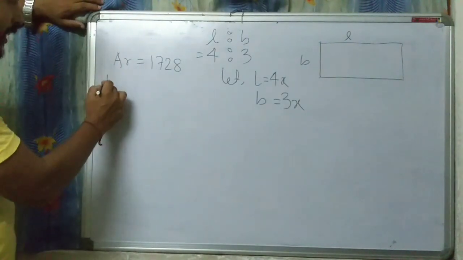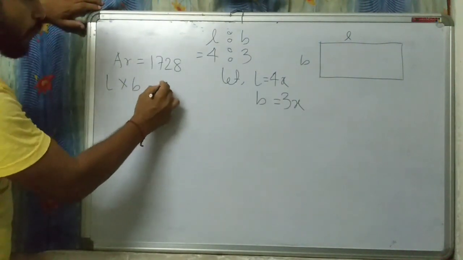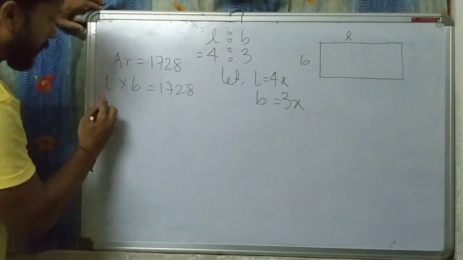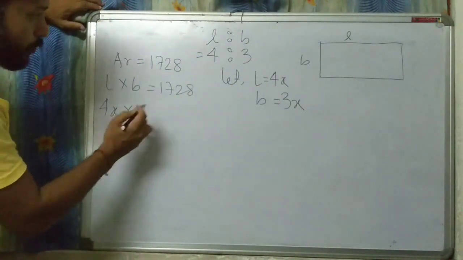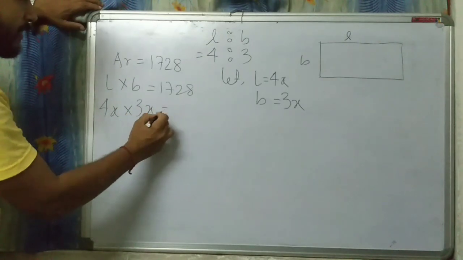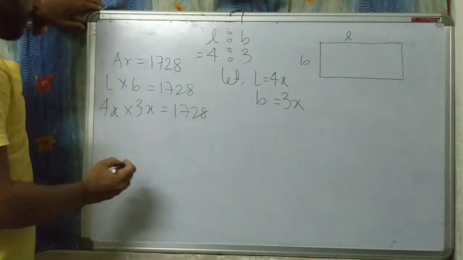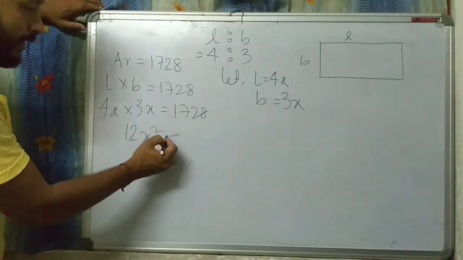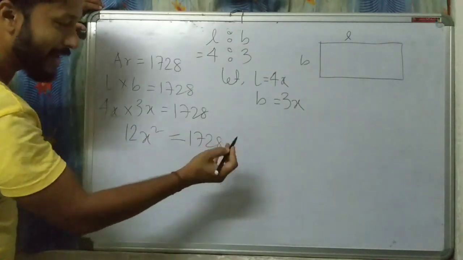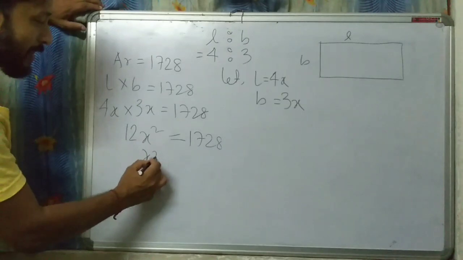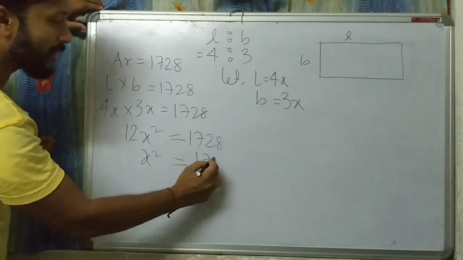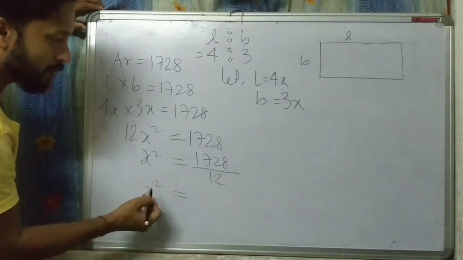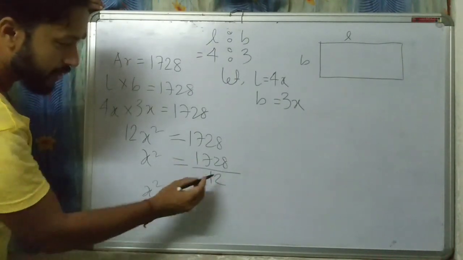So 1728 equals length 4x into breadth 3x. 4 3s are 12, x square equal to 1728. So x square equal to 1728 by 12. You divide it by 12.